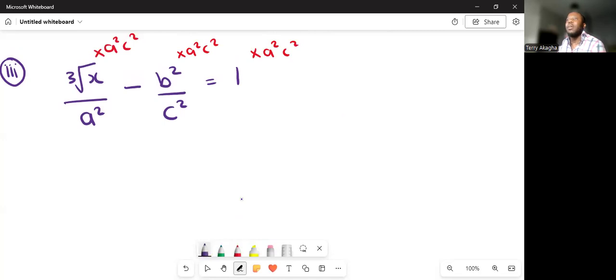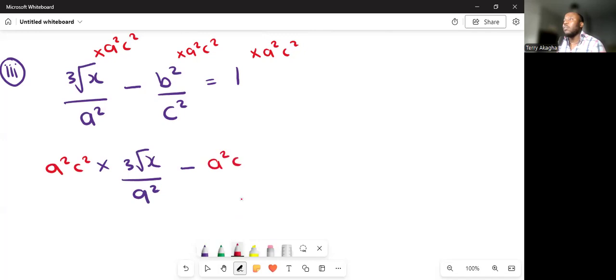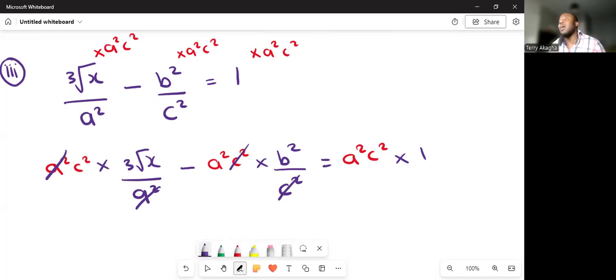So that will now give me a squared c squared, all multiplied by the cube root of x divided by a squared, minus a squared c squared multiplied by b squared divided by c squared, will be equal to a squared c squared multiplied by 1. So a squared will cancel a squared here. C squared will cancel c squared.